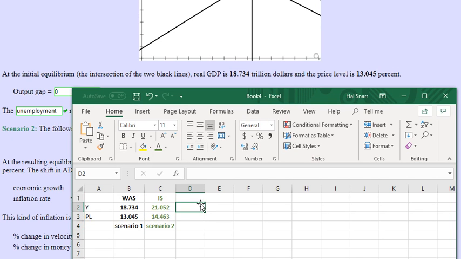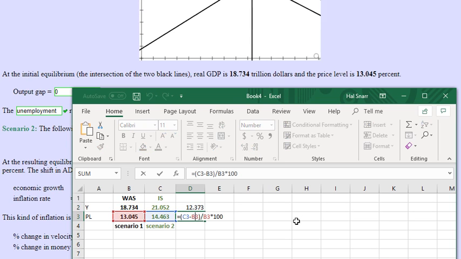Okay, now we have to calculate the economic growth rate. And the economic growth rate, we've done this a bunch of times. It's the difference between what GDP is in scenario 2 and what it was in scenario 1. We take that difference and divide by what it was in scenario 1, and multiply by 100. And the cool thing is, we can just pull this down to get the inflation rate.